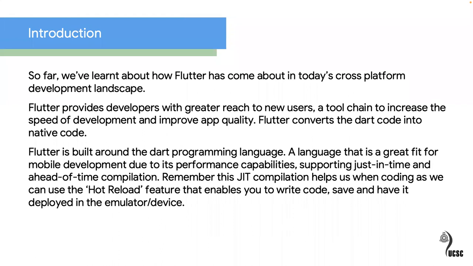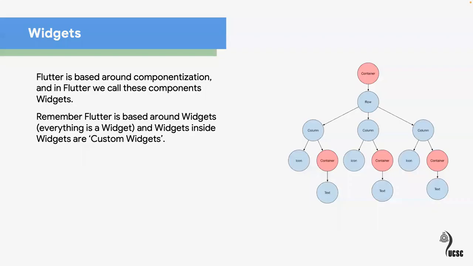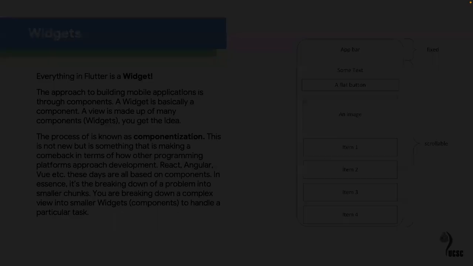Last week we ended our lecture with the widgets, so we are going to start with that. Just like I said last week, Flutter is based around componentization. That means we are dividing the whole application into components, like atoms. That is the base of Flutter.